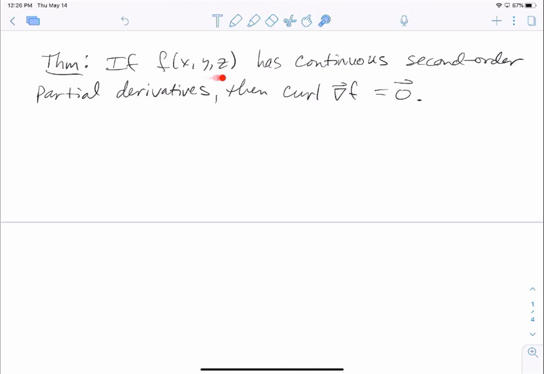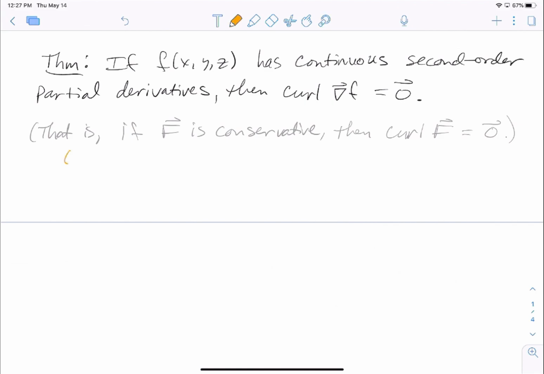We're going to jump right into a theorem. If a scalar function f of x, y, z has continuous second-order partial derivatives, then the curl of del f is equal to the zero vector. In other words, if F is a conservative vector field, then the curl of F is equal to the zero vector.